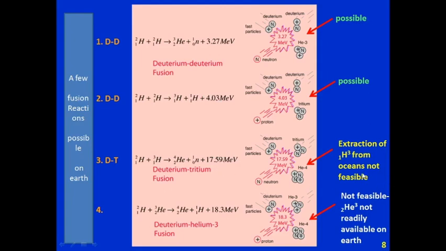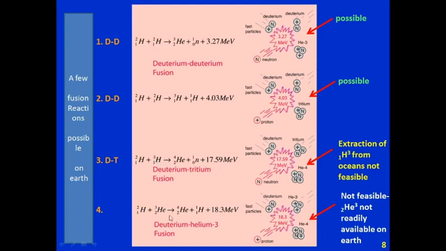Extraction of tritium from oceans is not so feasible, but there are some processes in which we can use this reaction also. This is the most effective reaction you can see, in the sense that it produces 18.3 MeV, but you are spending only 5 masses, 3 plus 2. Here it is 3 plus 3, 6 masses.